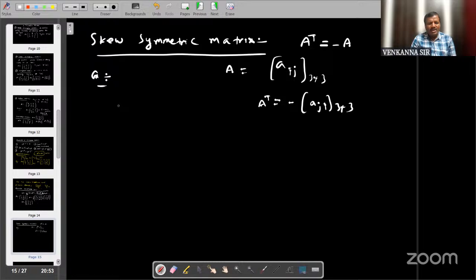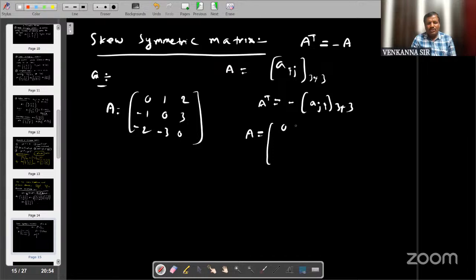Coming to examples. The first one: 0, 1, 2; minus 1, 0, minus 2; minus 3... rows 0, 1, 2, minus 1, minus 2, 0, 3, minus 3, 0. Second example: 0, 1, 2, 3; minus 1, 0, 4, 5; minus 2, minus 4, 0, 6; minus 3, minus 5, minus 6, 0.